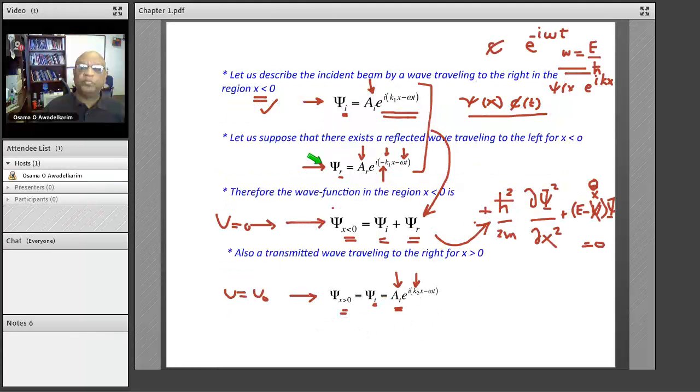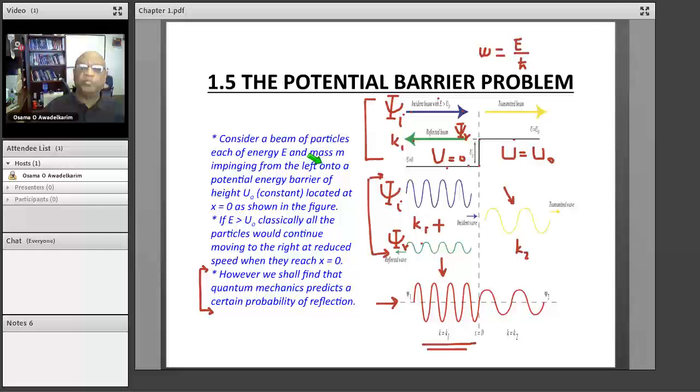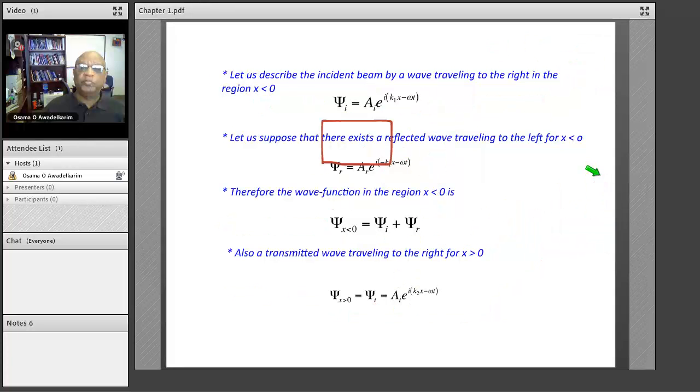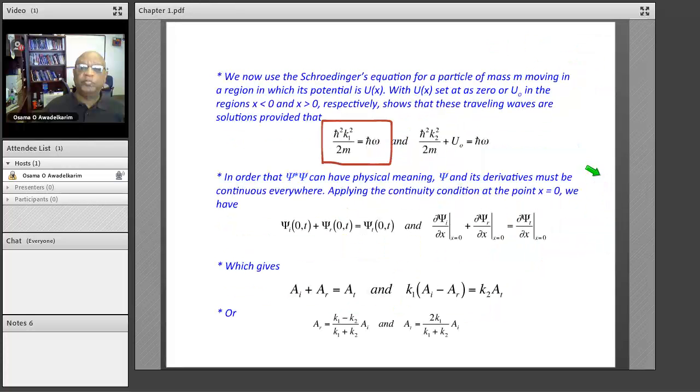Similarly, when we go to x larger than 0, substitute this function into the Schrodinger equation, but now use U naught instead of 0, because on the right-hand side we have a U naught potential. And if you substitute, then you get this equation here.